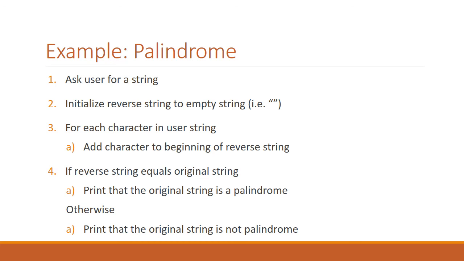Then for each character in the user string, we'll add that character to the beginning of the reverse string. After we've completed that process, if the reverse string is equal to the original string, that means that the original string is a palindrome. Otherwise, the original string is not a palindrome.